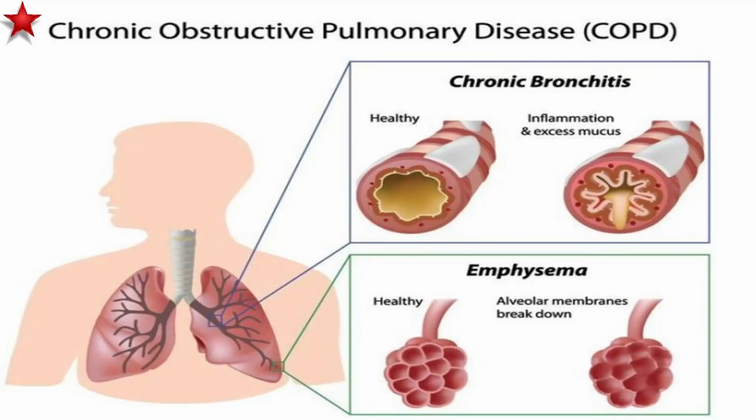In chronic bronchitis, healthy lungs are in perfect shape, but with inflammation, the airway looks narrower, which tightens your breathing, and a lot of mucus is made, therefore you cough a lot because of a blockage in your lungs. Emphysema is where healthy lungs look like this, and then with alveolar membrane breakdown, it becomes much bolder in color.